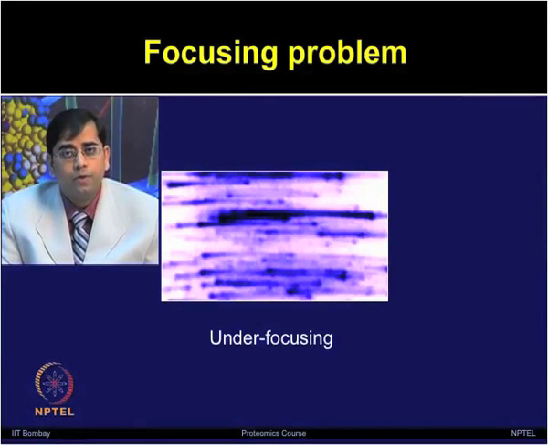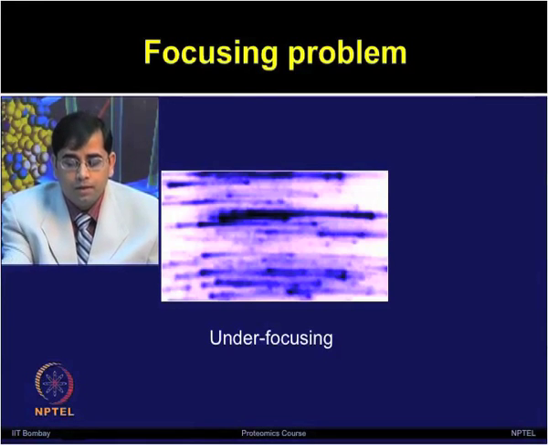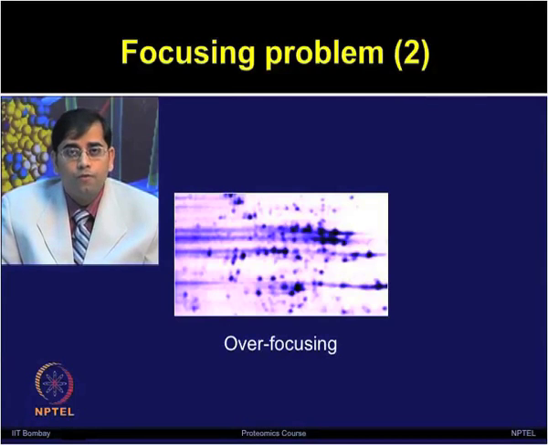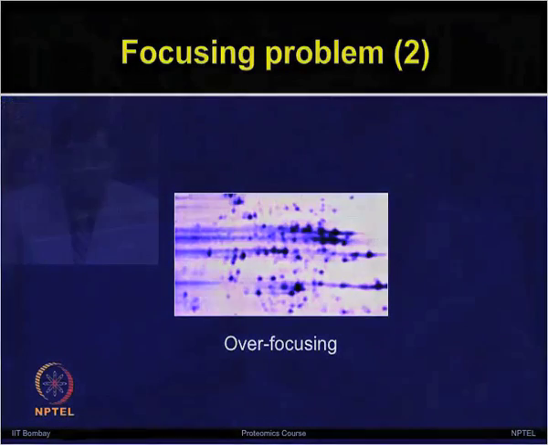Now, if you have run too much voltage and the overall volt hours are very high, then it may result in over focusing. So, optimizing a focusing protocol for the appropriate duration and overall volt hours is very important.